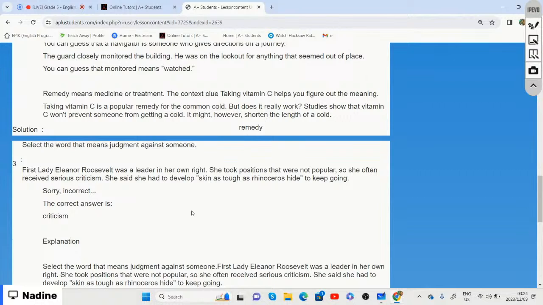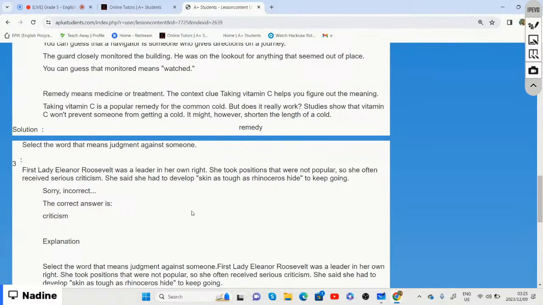She said she had to develop skin as tough as rhinoceros hide to keep going.